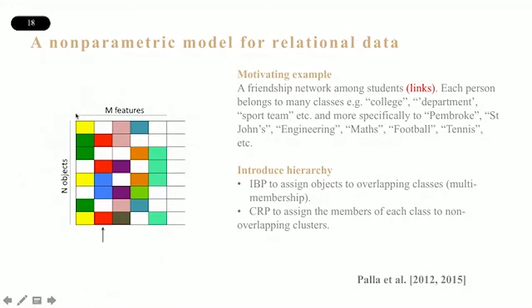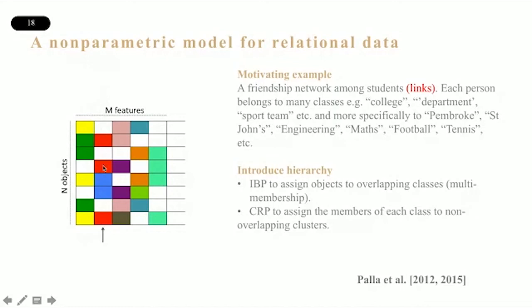Now, I look at each column, which is equal to looking at each class, and I see how many people or objects are assigned to that class. For example, in the second column, we have 1, 2, 3, 4, 5 people assigned to the same class.